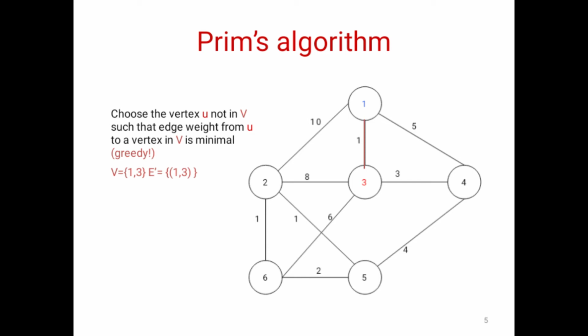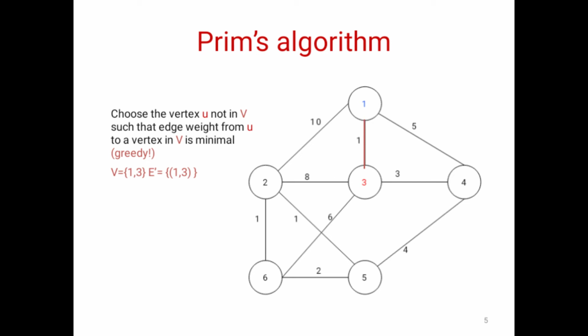You can see here, choose the vertex u not in V such that the edge weight from u to a vertex v in V is minimal, that is greedy. Hence we are choosing the edge 1 to 3. Now from vertex 3, 3 more vertices can be reached: vertex 2, vertex 4, and vertex 6.